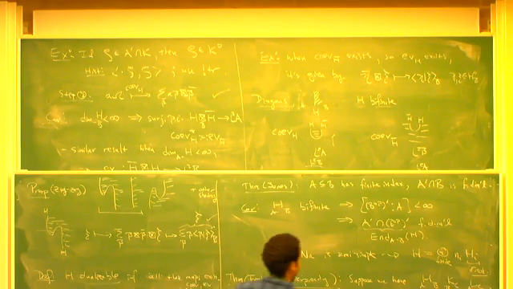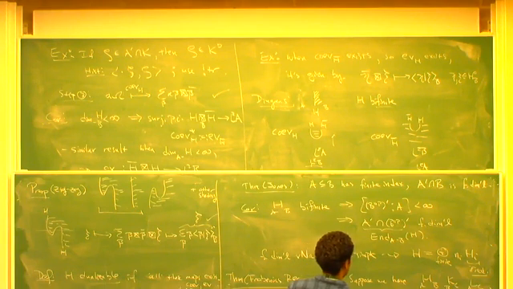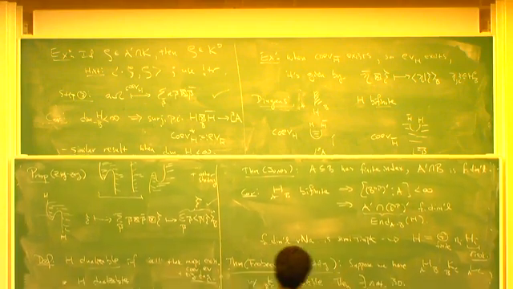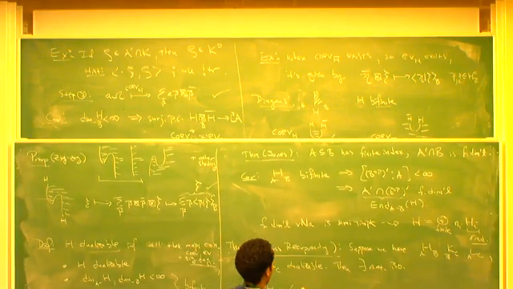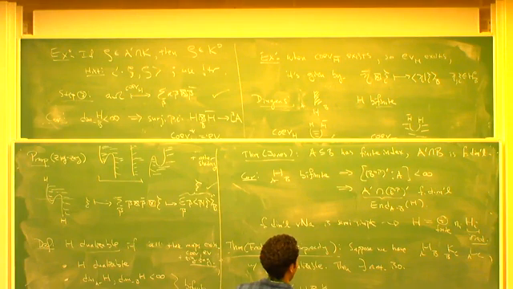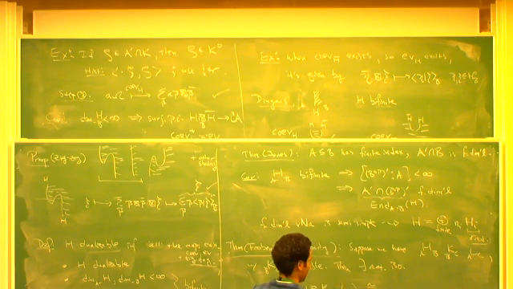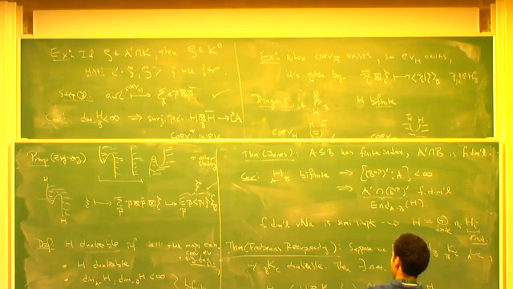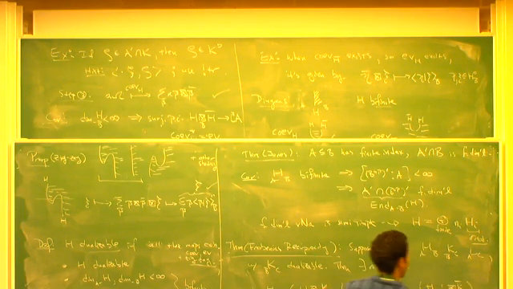Then there exists a natural isomorphism from Hom AC, the AC linear maps from H box times over B with K to L, naturally isomorphic to Hom AB from H to L box times over C with K bar.